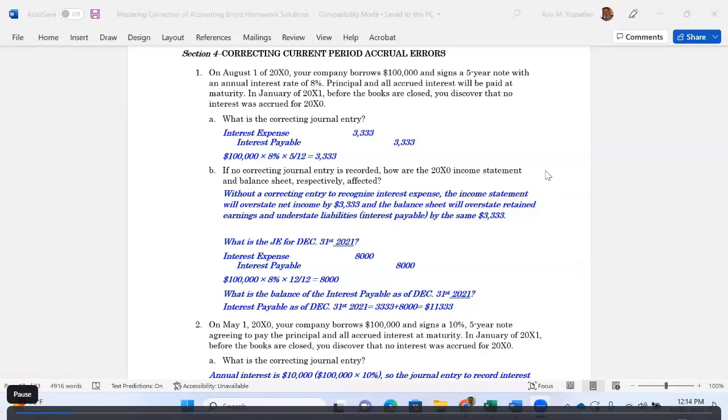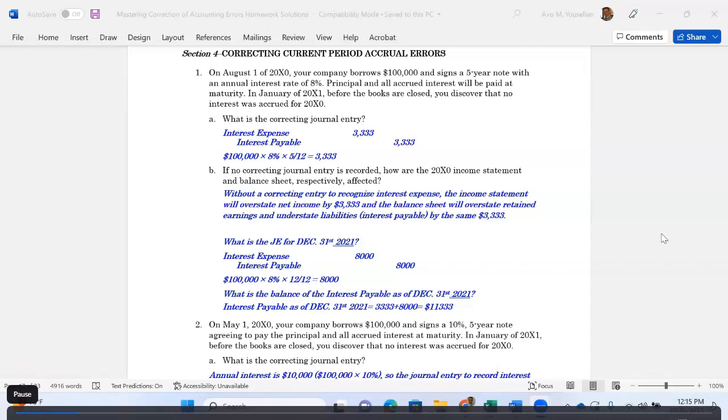Let's see. On August 1st in 2020, your company borrows $100,000, and that's a 5-year note with an annual interest rate of 8%. Okay, $100,000 borrowing, 5-year note, interest rate 8%.